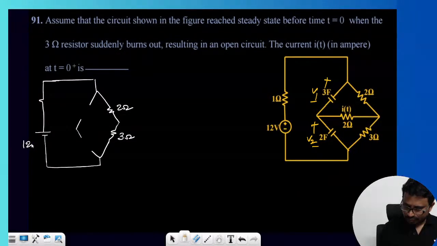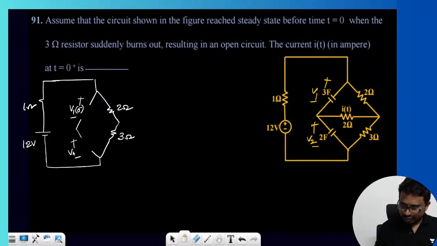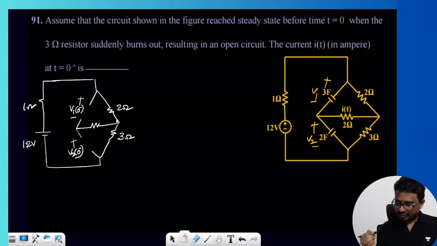This voltage is 12 volts. We call this V1 of 0 minus and this V2 of 0 minus. Here there is a resistance of 2 ohms.